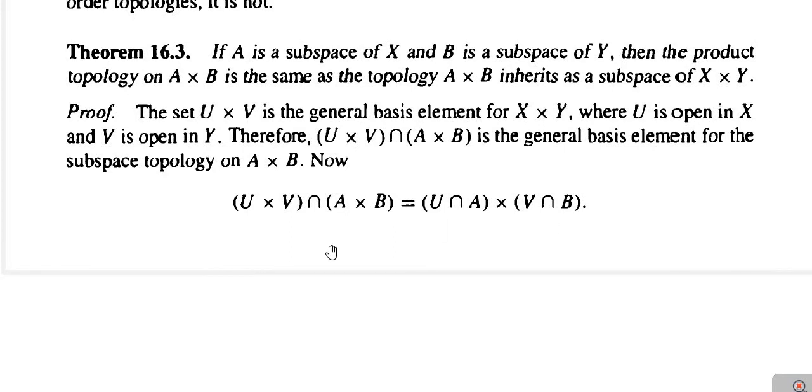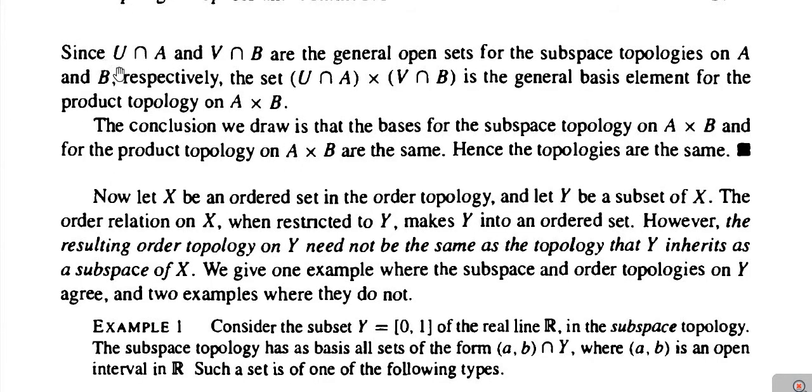Now as U is an open subset of X, therefore U intersection A is the general open set for the subspace topology on A. Similarly, as V is an open subset of Y, therefore V intersection B is the general open set for the subspace topology on B. So U intersection A and V intersection B are general open sets for the subspace topologies on A and B respectively.